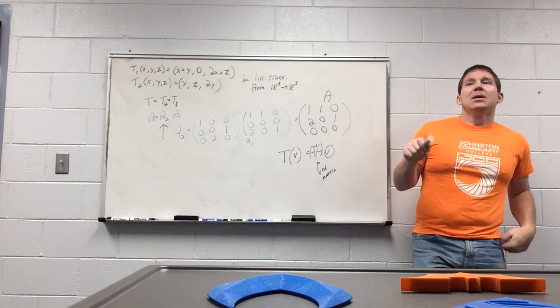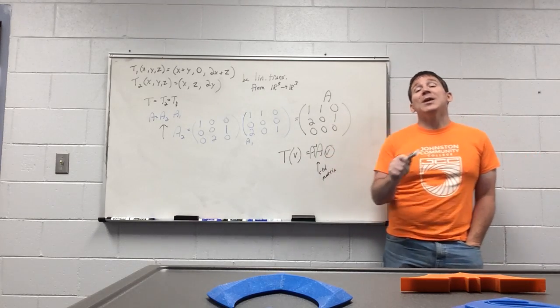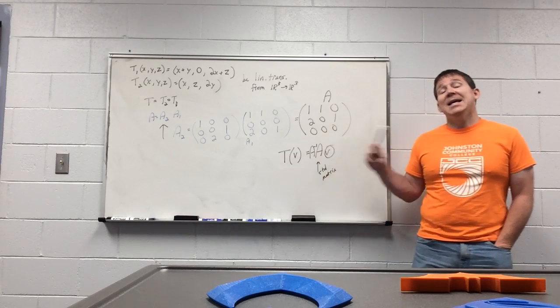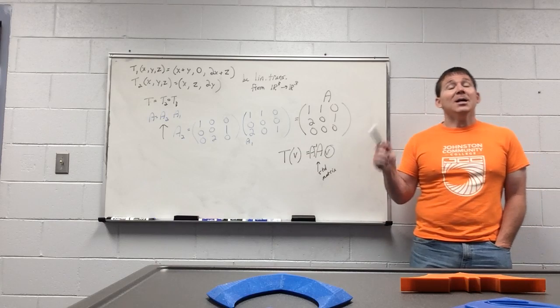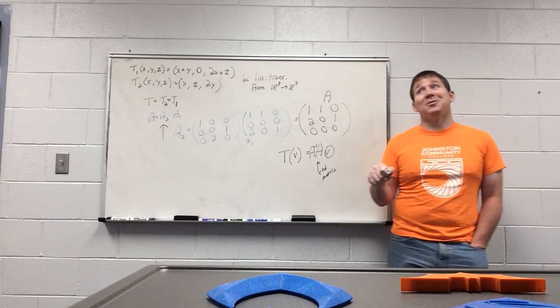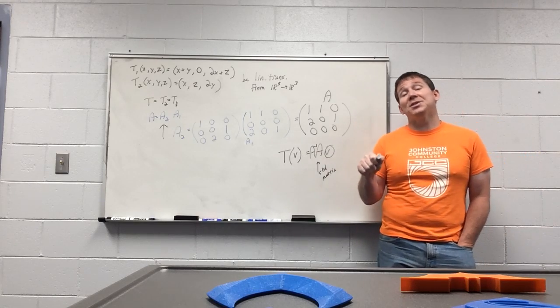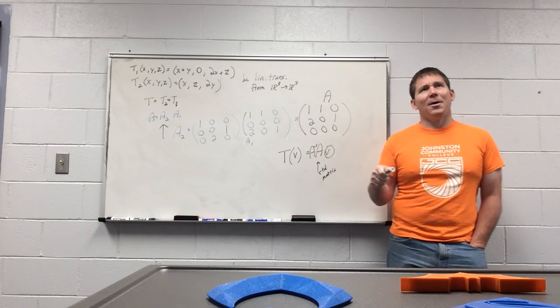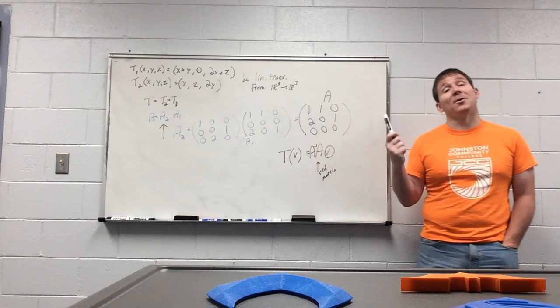But again, just like we did with functions, we have to make sure that this A is invertible. If it's not invertible, then this won't work. So now we'll be restricting ourselves to transformations whose standard matrices are invertible. Or, if it's not invertible, then it just means we can't find an inverse for it.